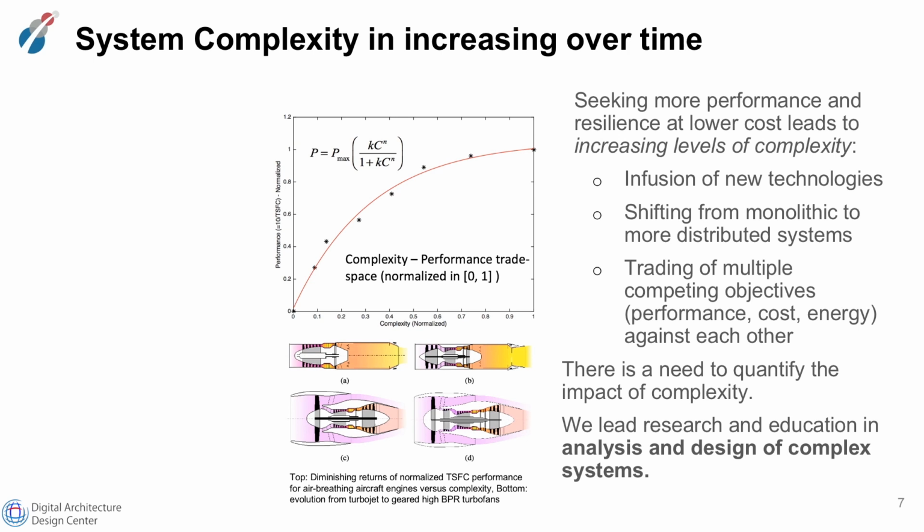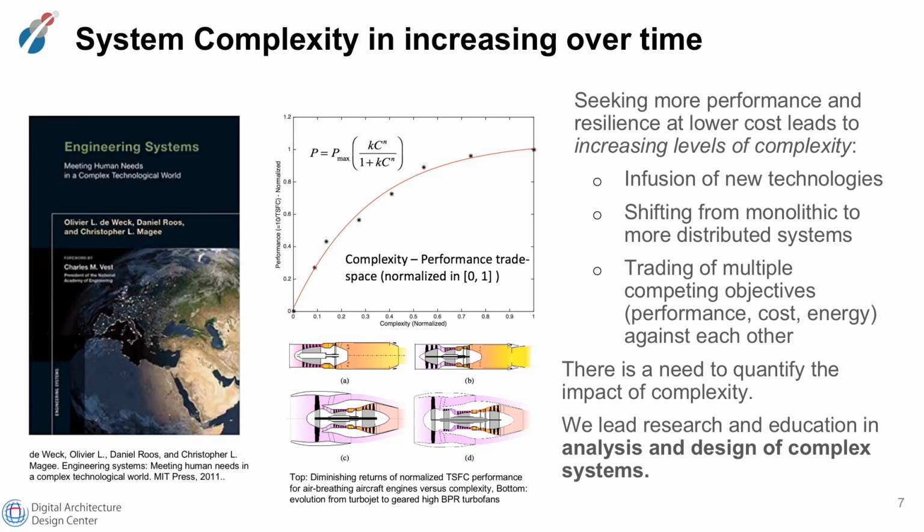We started taking some of the air and going around the core, and this is what we call the bypass flow. Again, 1-stage, 2-stage, and the most advanced engines today have a gearbox. These are the so-called geared turbofan engines, and they're very, very difficult to manage and control, but they're extremely efficient.